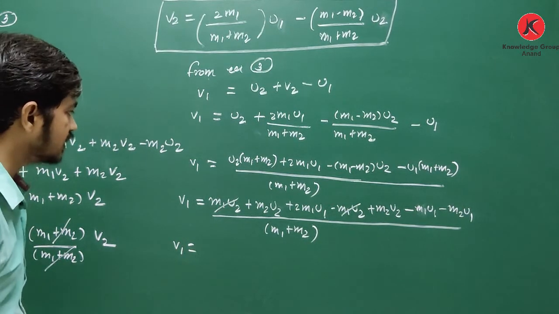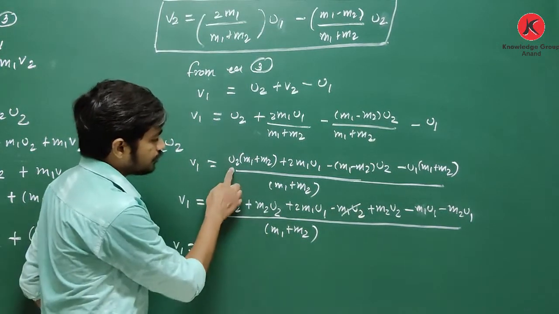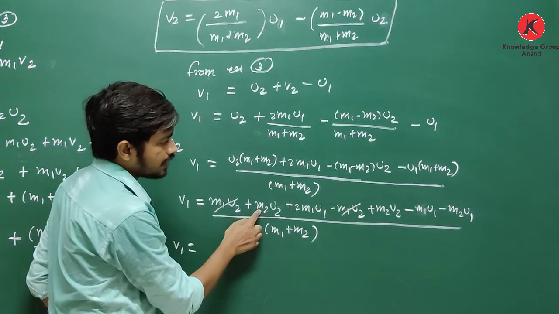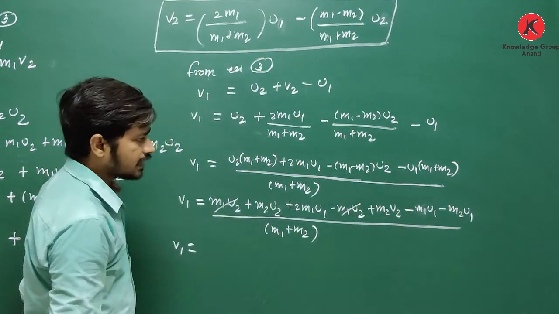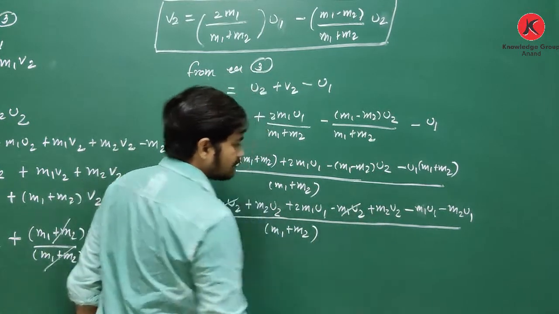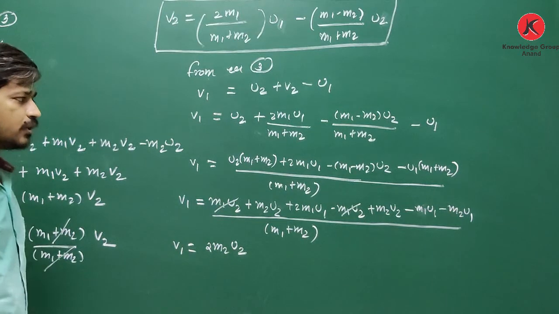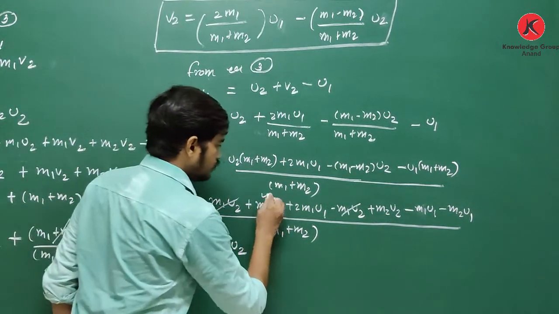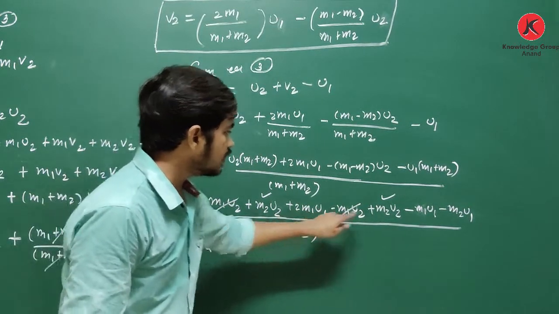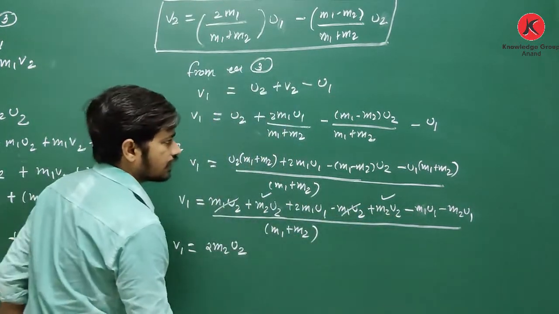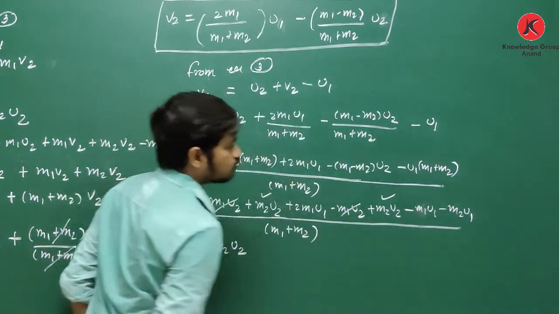See here it is M2 U2, and here it is M2 U2. So we can say it is 2 M2 U2. Clear about this? Now the remaining terms are 2 M1 U1 minus M1 U1, yes or no?